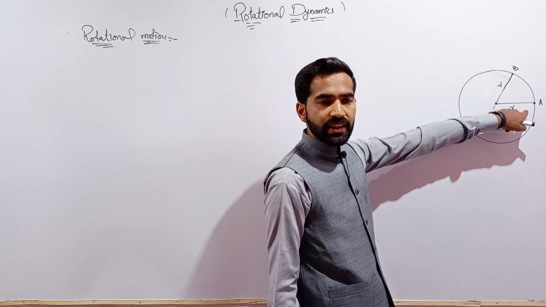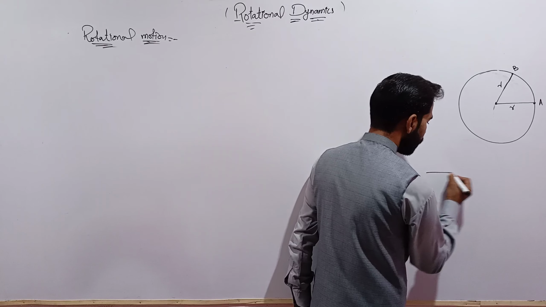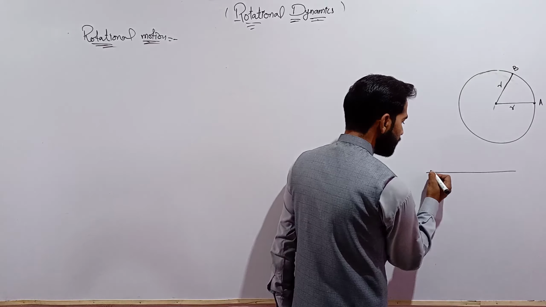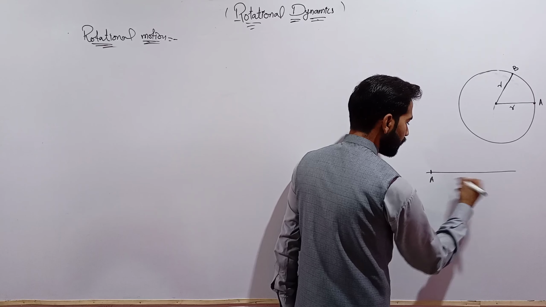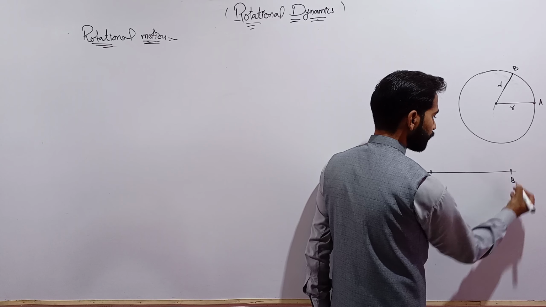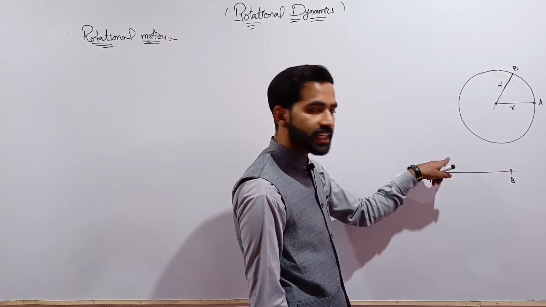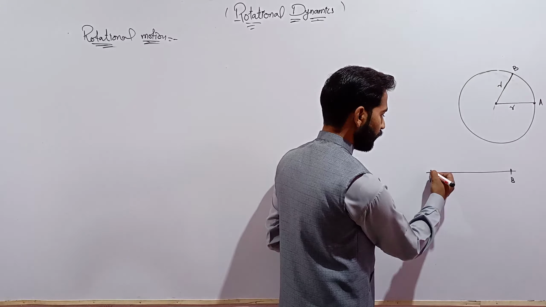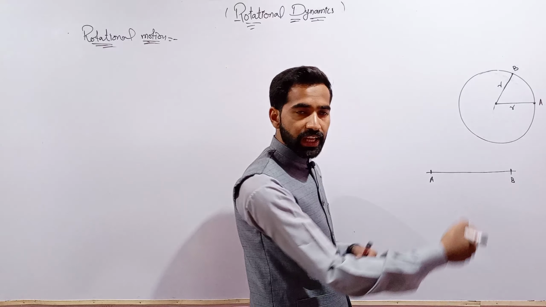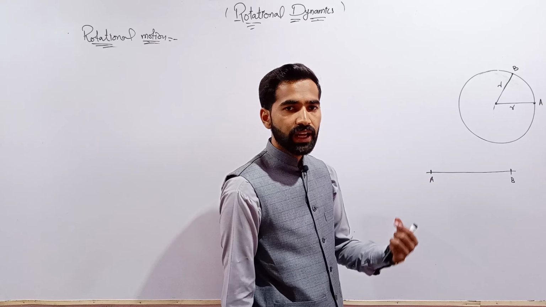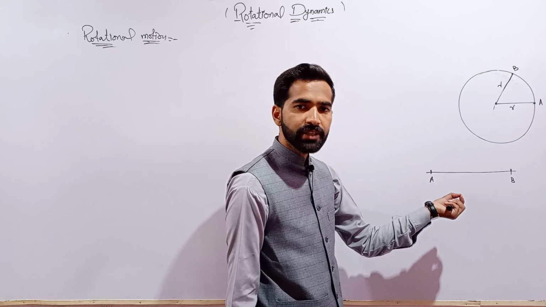If the object moves in a linear path with initial point A and final point B, we can say this object covers 2 meters, 1 meter, or centimeters.